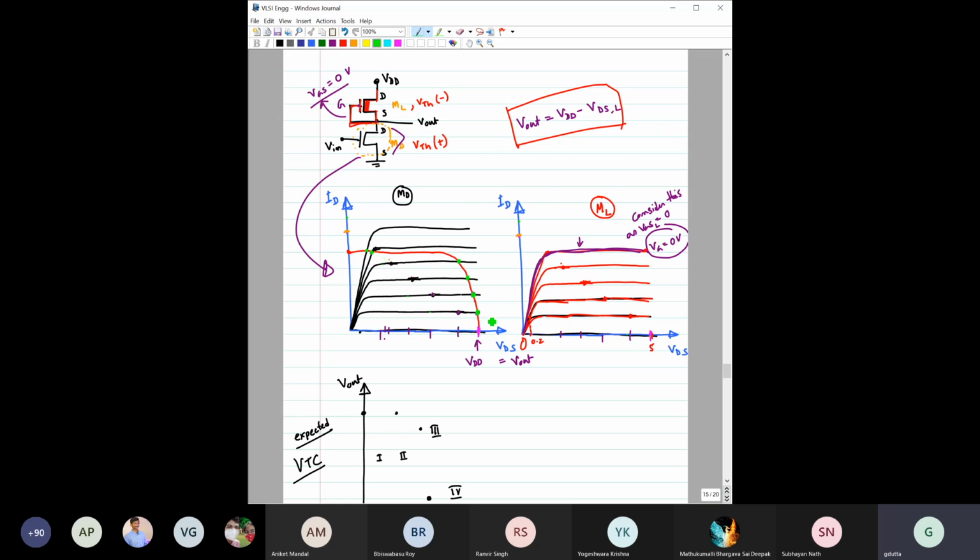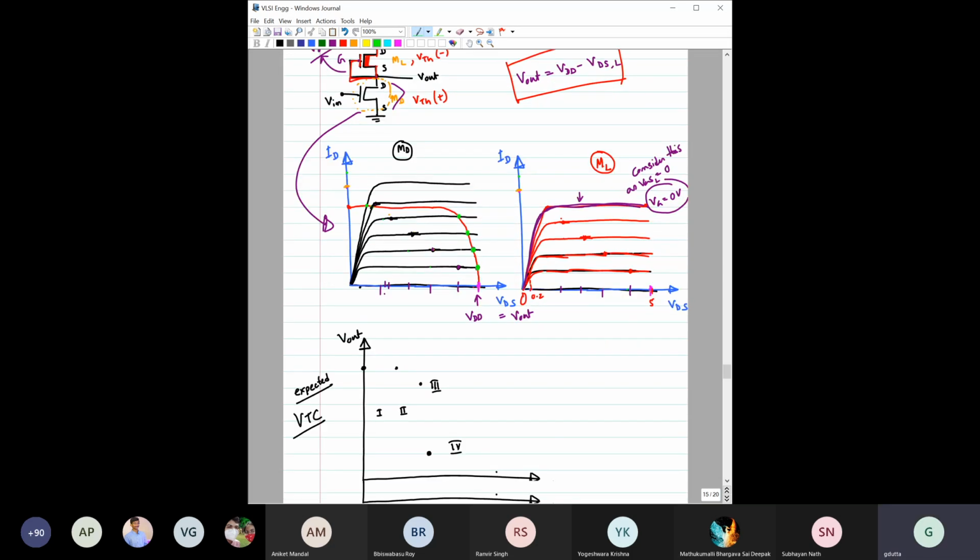But here, from here to here, the change in output is very small. But from here to here, the change in output is all of a sudden. So from the rising part to the falling part, that will be quite sharp. I hope you are understanding what I'm trying to say.